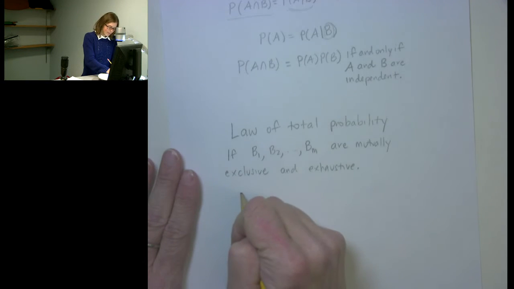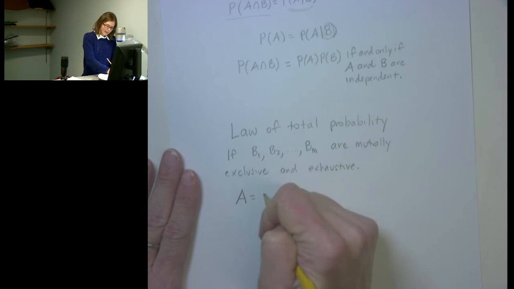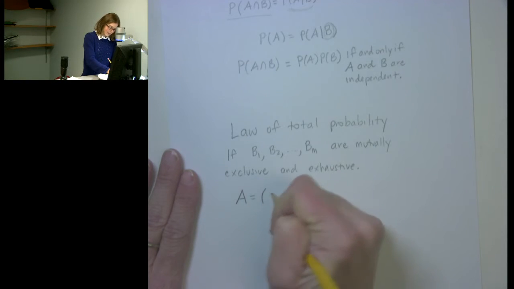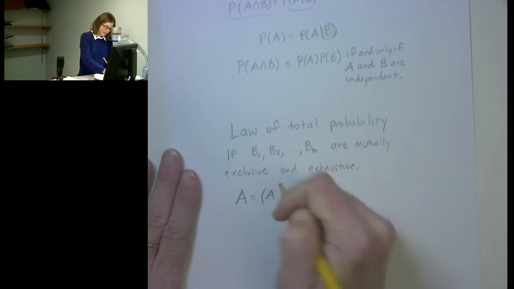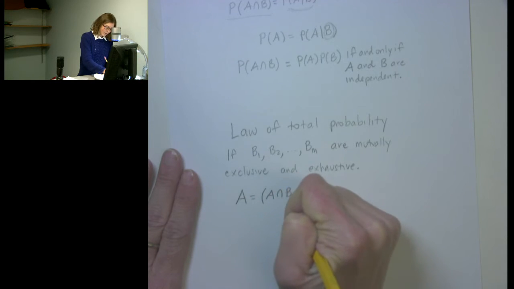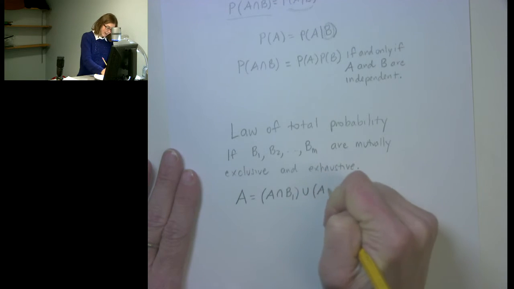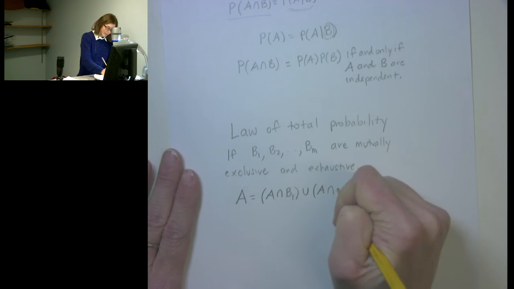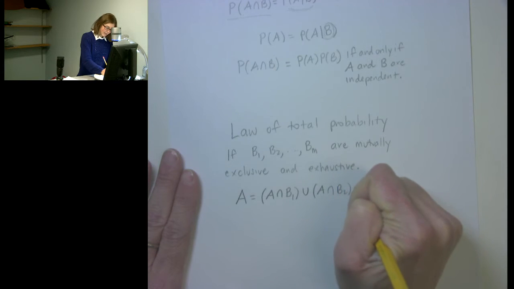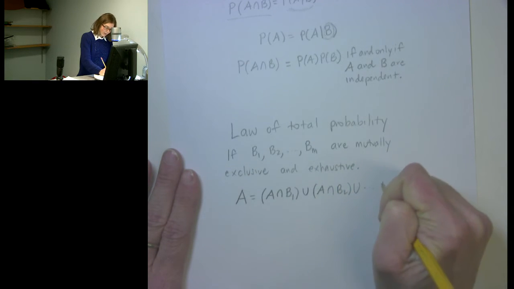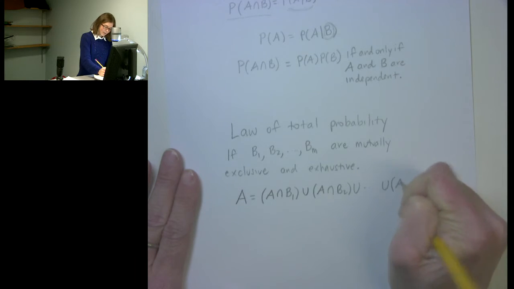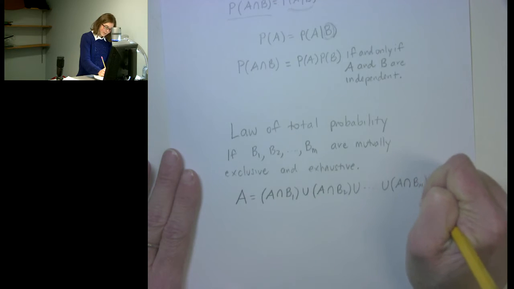Then we can think of an event A as the intersection of A with the first event, B1, union the intersection of A with the second event, and so on through the intersection of A and the mth event.